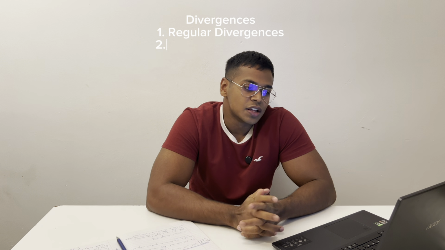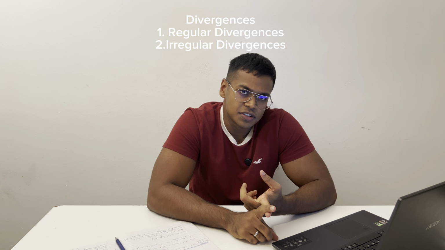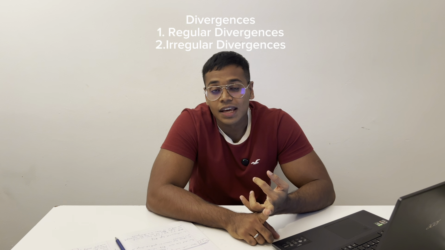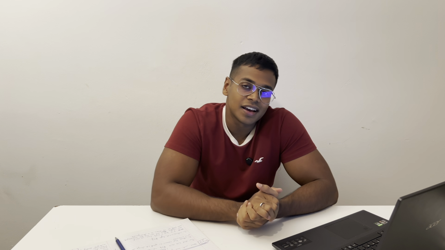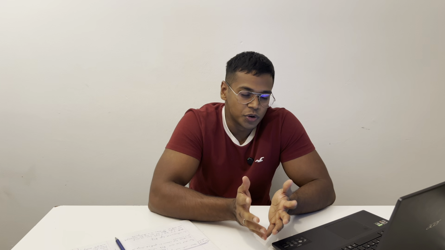So now let's talk about something powerful: divergences. There are two main types of divergences. Number one, regular divergences, and number two, irregular divergences. Today I'll only cover regular divergences, because I don't want to overload you. I'll save irregulars for tomorrow.